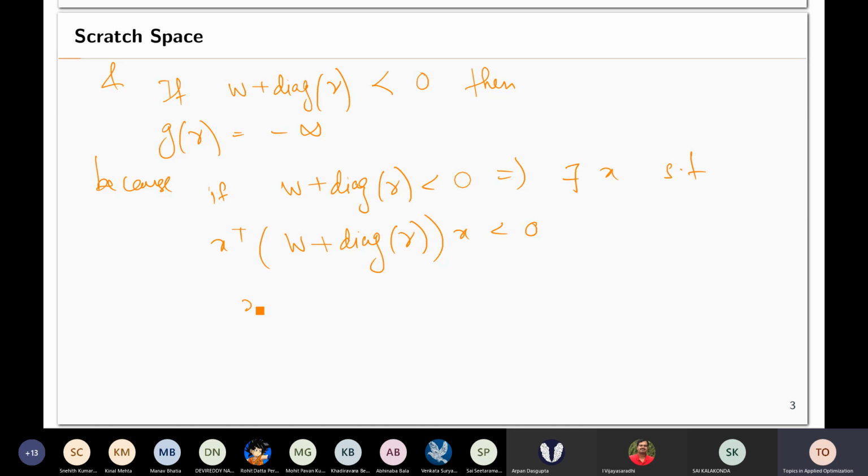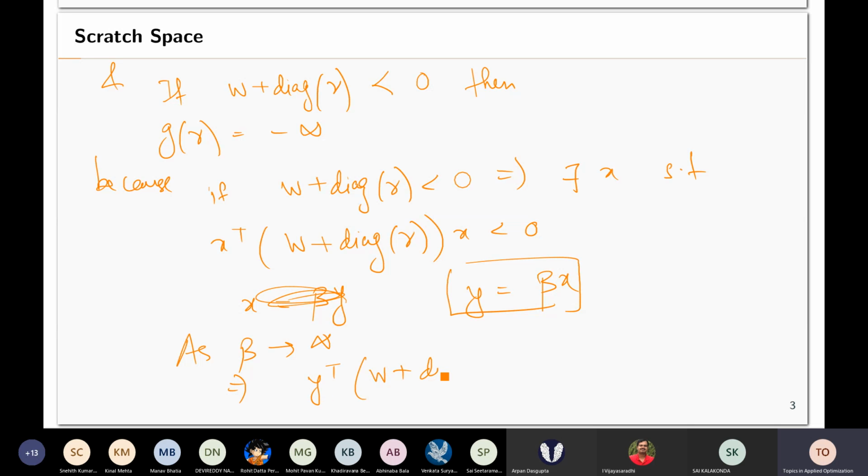Okay, so I can substitute x equals some beta y, and then we can make beta tend to positive infinity. This implies y transpose (W plus diag nu) y times beta squared tends to minus infinity.